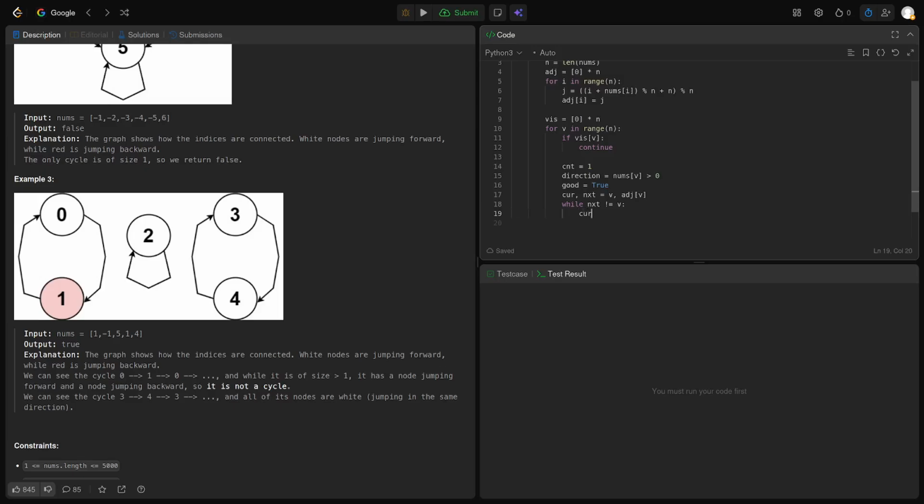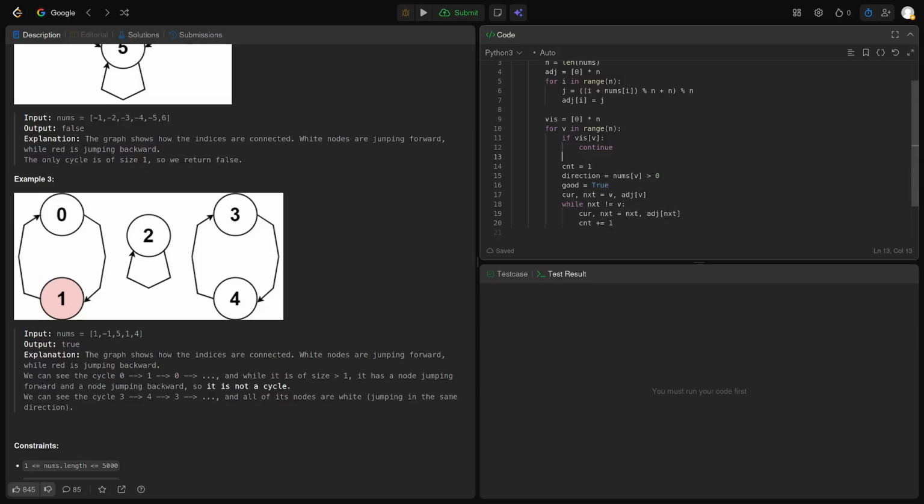So then current is equal to next, and next is equal to adj of next. That doesn't make any sense. So I guess that should be previous or current, but who cares? Count plus equals 1.